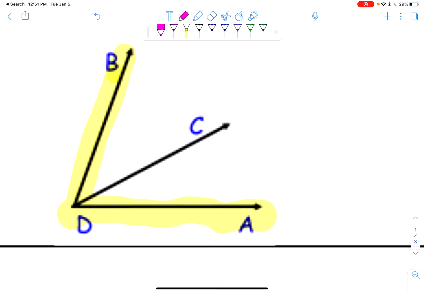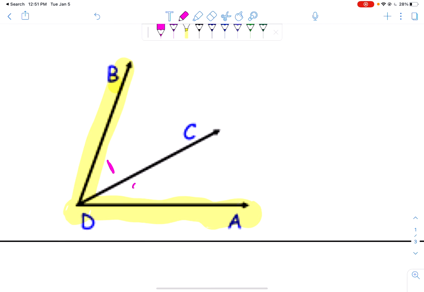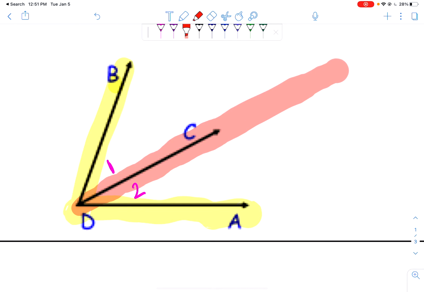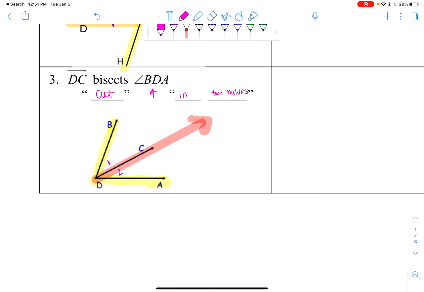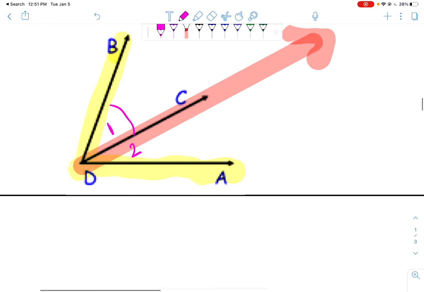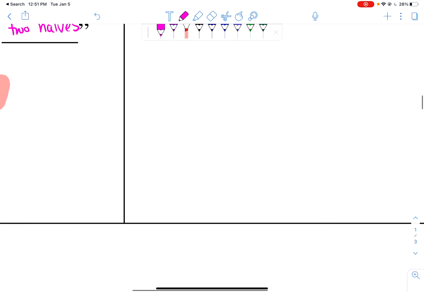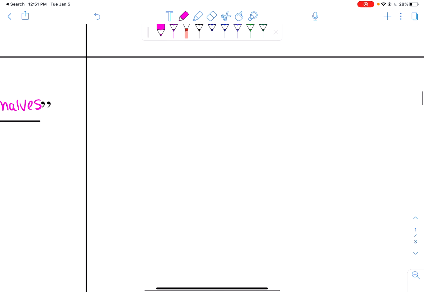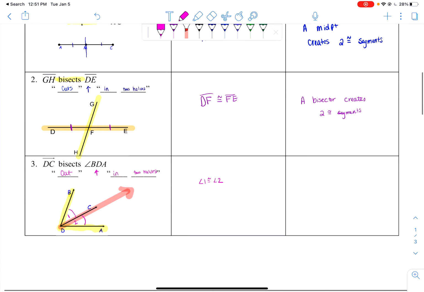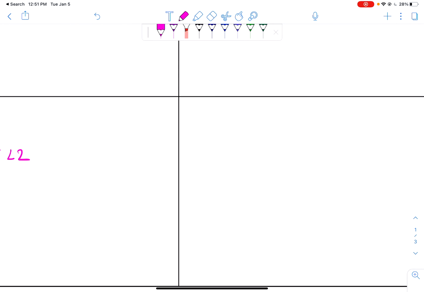I'm going to put a 1 here and a 2 here. You can put whatever number you want, a 3 and a 4, a 6 and a 20, whatever your heart desires. I'm now going to highlight in red my angle bisector. When I have a bisector, we are creating two congruent halves. So I can say angle 1 congruent to angle 2 by using a semicircle, and my reasoning would be an angle bisector creates two congruent angles.